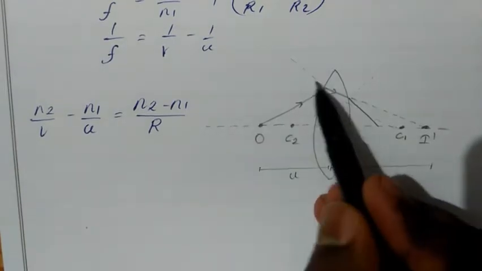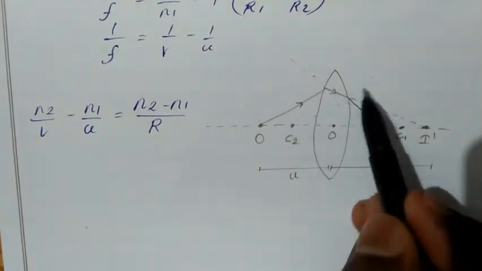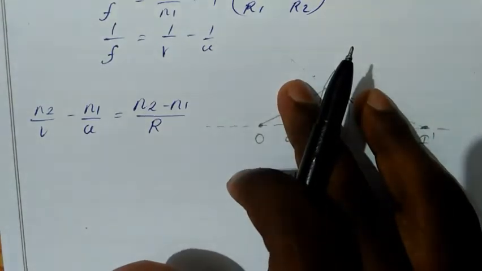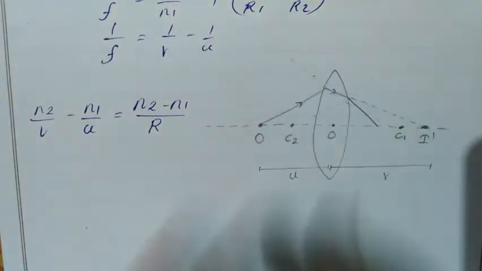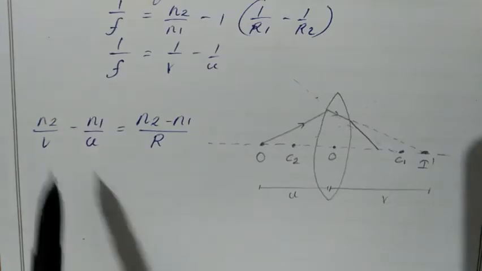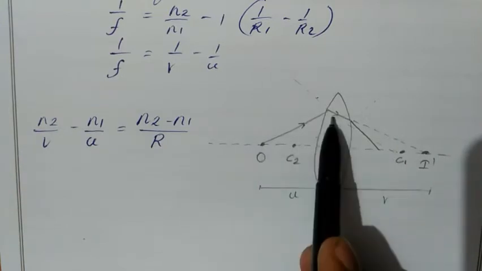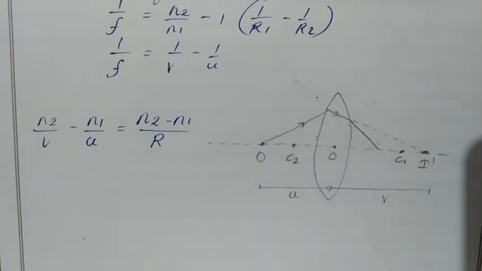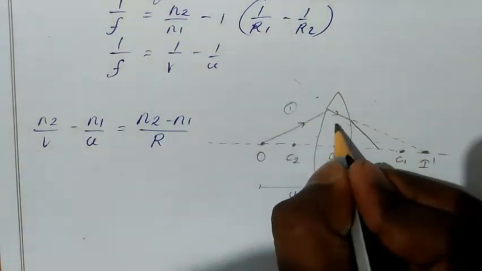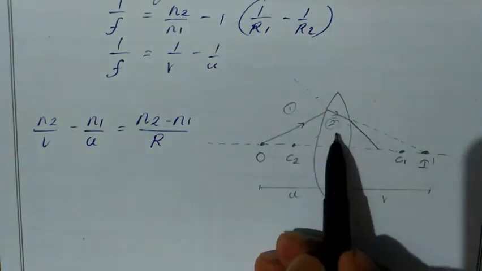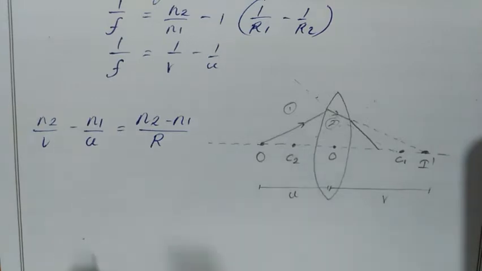This is the formula for refraction through a spherical surface. For the first interface, here we have the first interface and the second interface here. So for the first interface, what is n2? n2 means where the light goes to. Light goes to glass. Here we have medium 1, here medium 2 for the first interface. For glass we take n2.